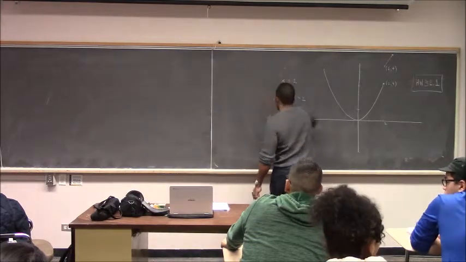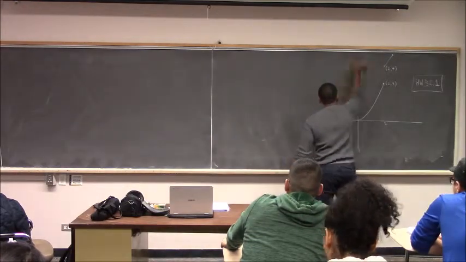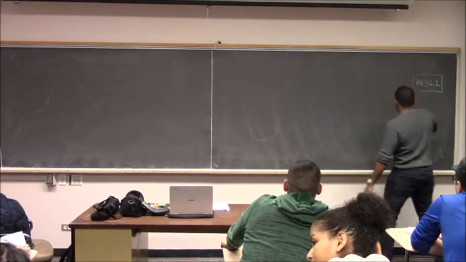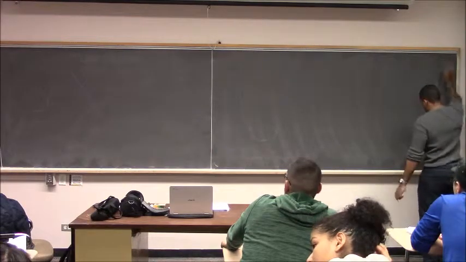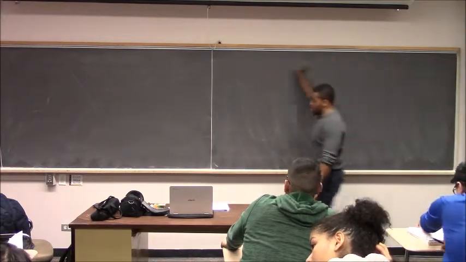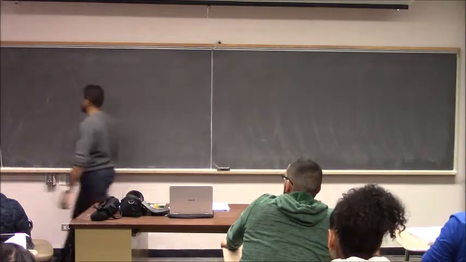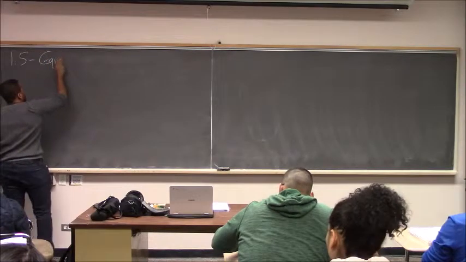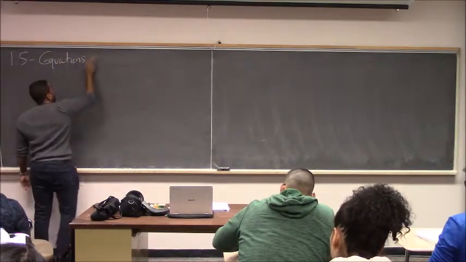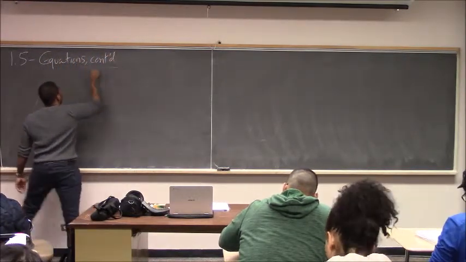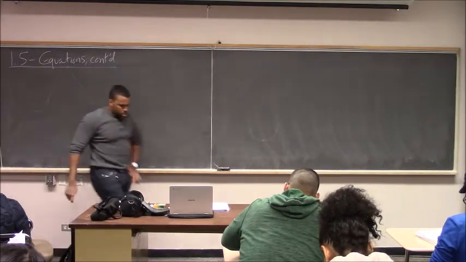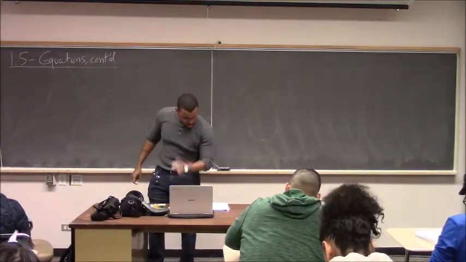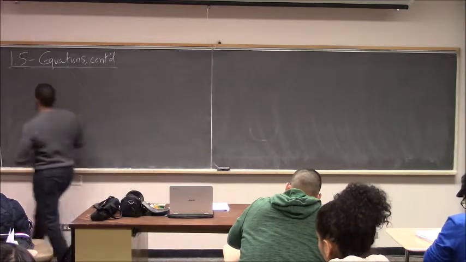So now we're going to talk about solving a couple other kinds of equations. In particular, I want to talk about right now equations with rational expressions. So we're still in 1.5 equations. The next one is equations with rational expressions.